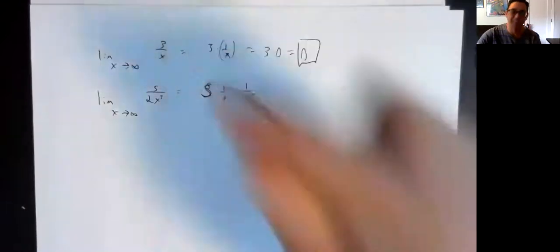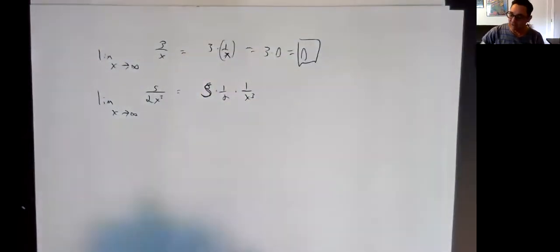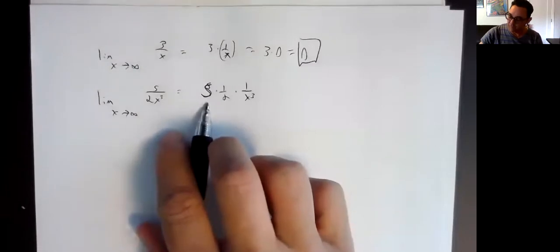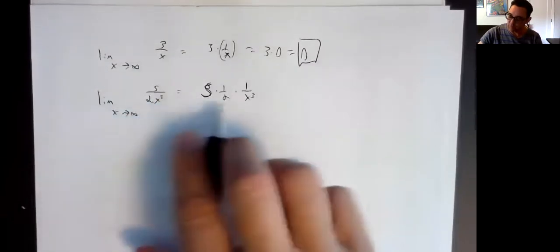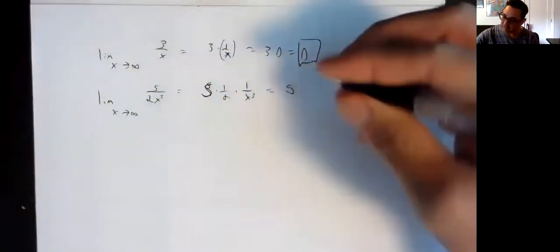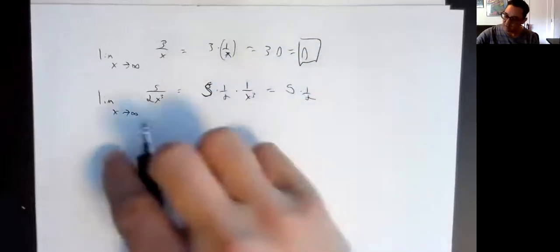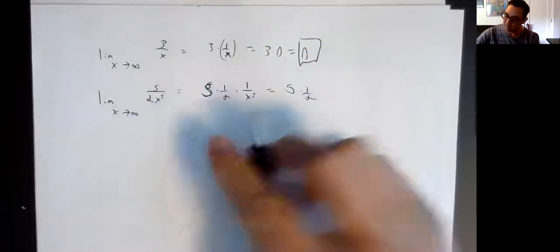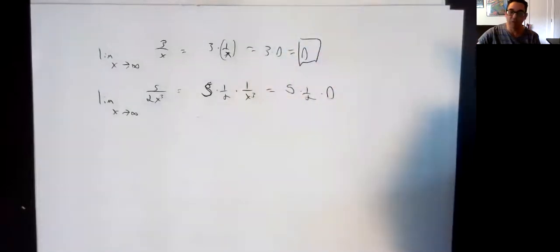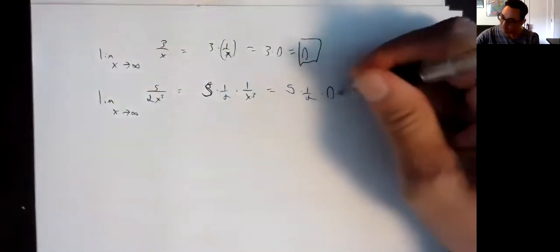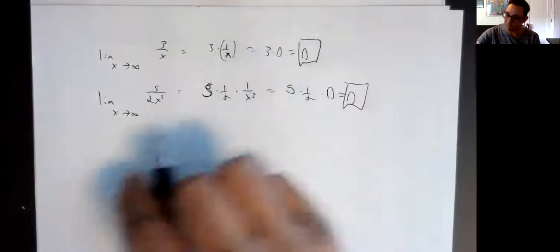That's a 5, because that's like 5 over 1. So it's 5 times 1/2, and then 1 over x cubed. And then plug in your infinity. There's nothing to plug in for the 5 and the 1/2. And when you plug infinity into 1 over x cubed, that becomes 0. And 5 times 1/2 times 0 is just 0. Your final answer is 0.